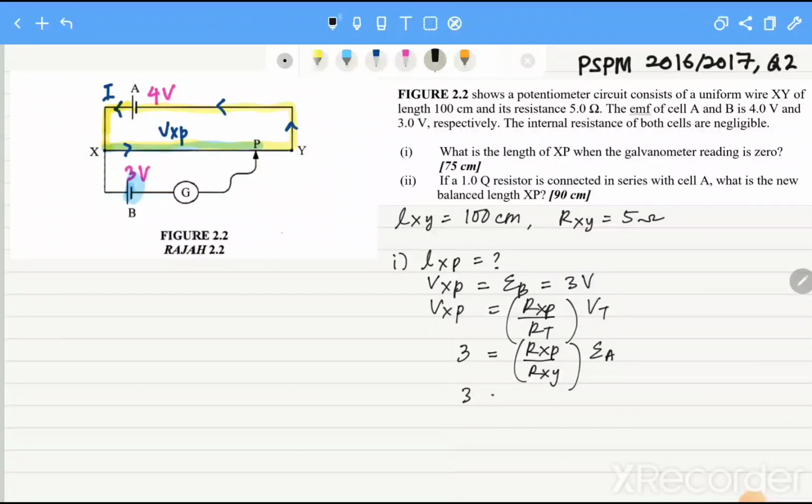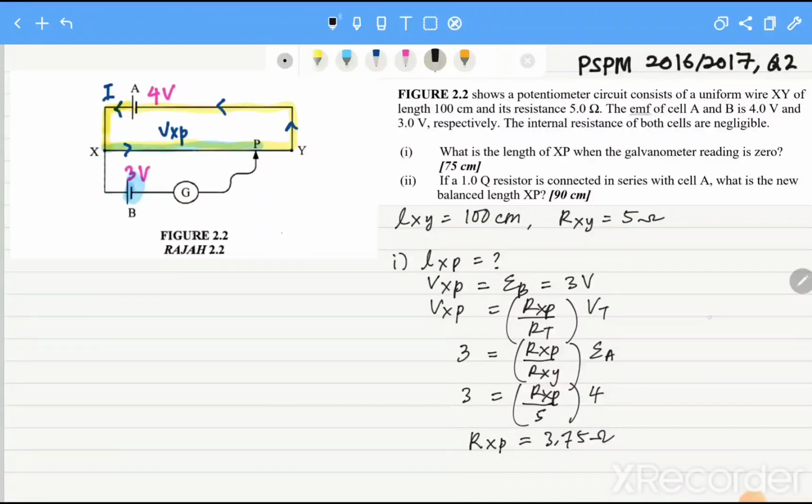So 3 volt equals to RXP over RXY, which is given 5 ohm, times EMF cell A 4 volt. So here we can find RXP. The RXP that I get is 3.75 ohm.